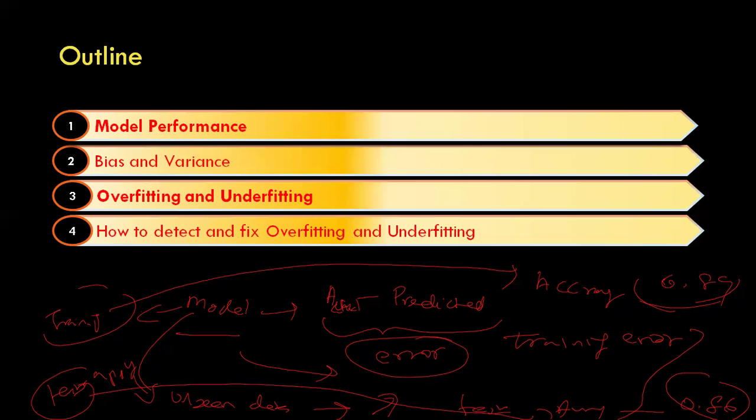Actually, we need to test the model's performance with respect to both the training and test data set. For both, if my accuracy is almost close by, then we can say that the model generalized very well. That is what we call generalization.